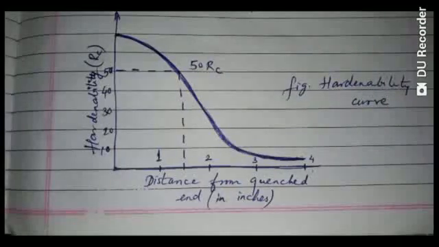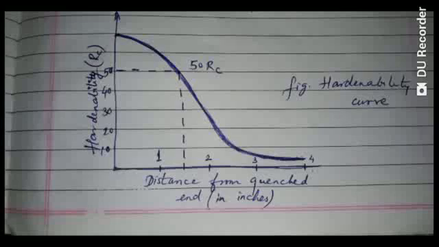If we want to find, for example, 50 RC at what depth, the specimen is cooled at the bottom, that is the quenched end. So from there, at what distance from the quenched end can you achieve a particular hardness?